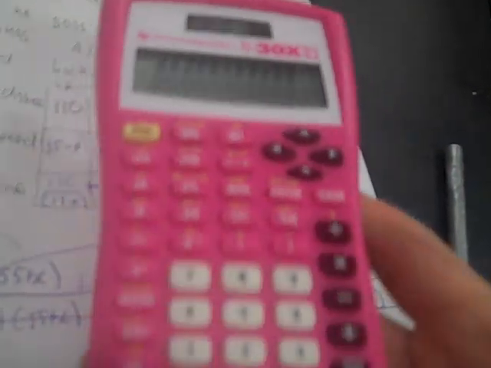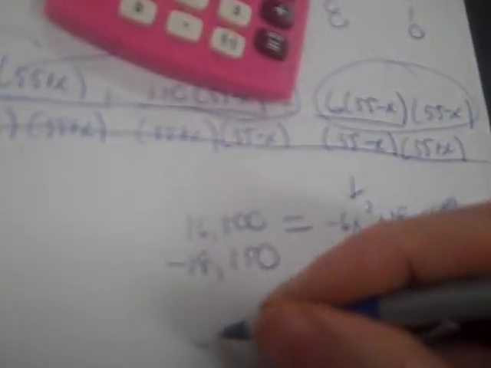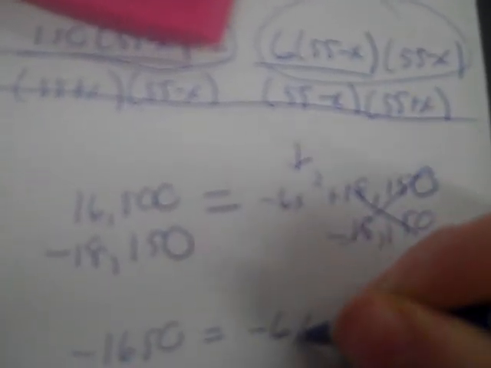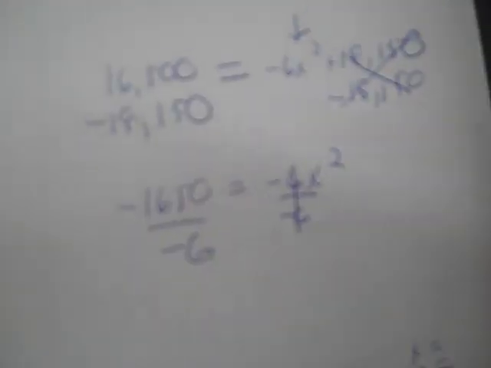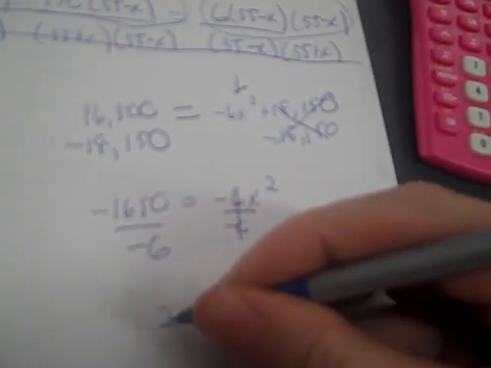Factoring is a last resort, okay? So negative 16,500, negative 1,650. Then I divide by negative 6. Just keep that on your calculator and just hit divide, negative 6, 275, okay?